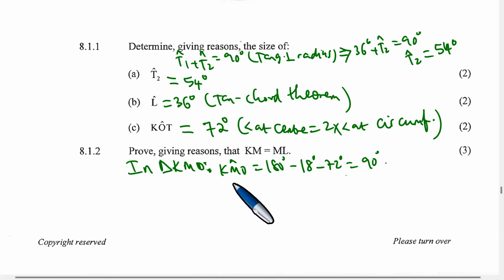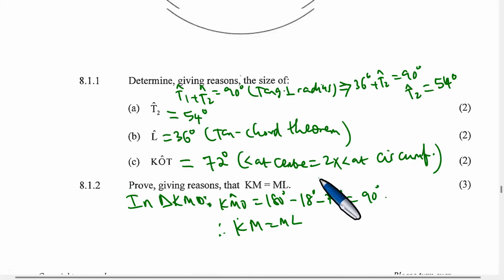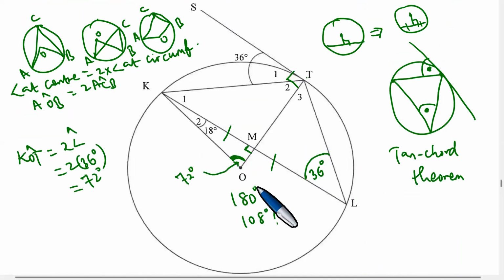The fact that KMO is 90 degrees means the conclusion is therefore that KM is equal to ML, because there is a line from the center that is perpendicular to the chord. In mathematics, if there's a line from the center that is perpendicular to the chord, it must bisect the chord. If it's perpendicular, it divides the chord into 2 equal parts so that M becomes the midpoint.